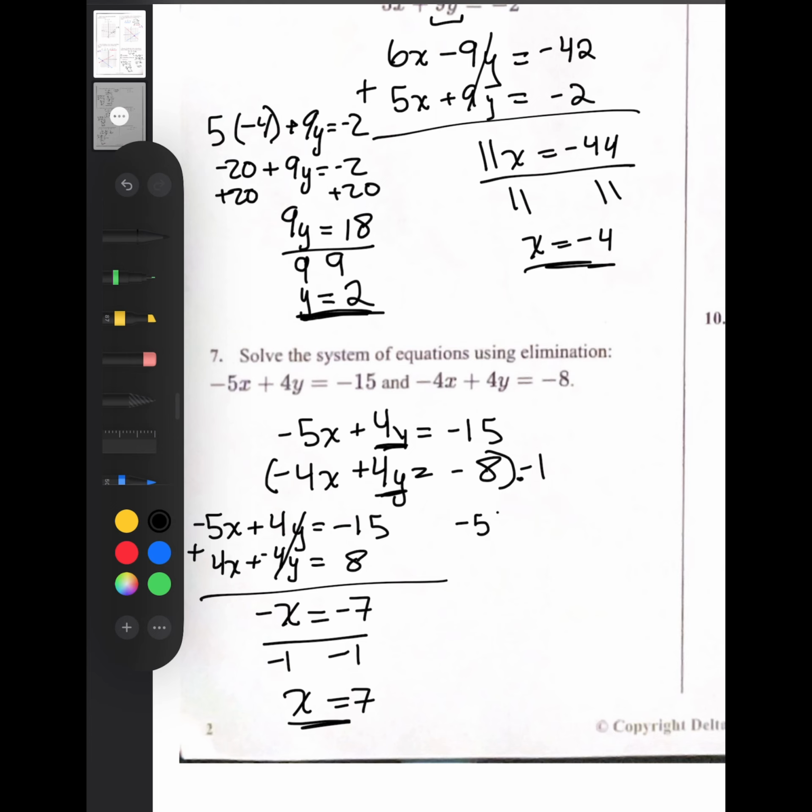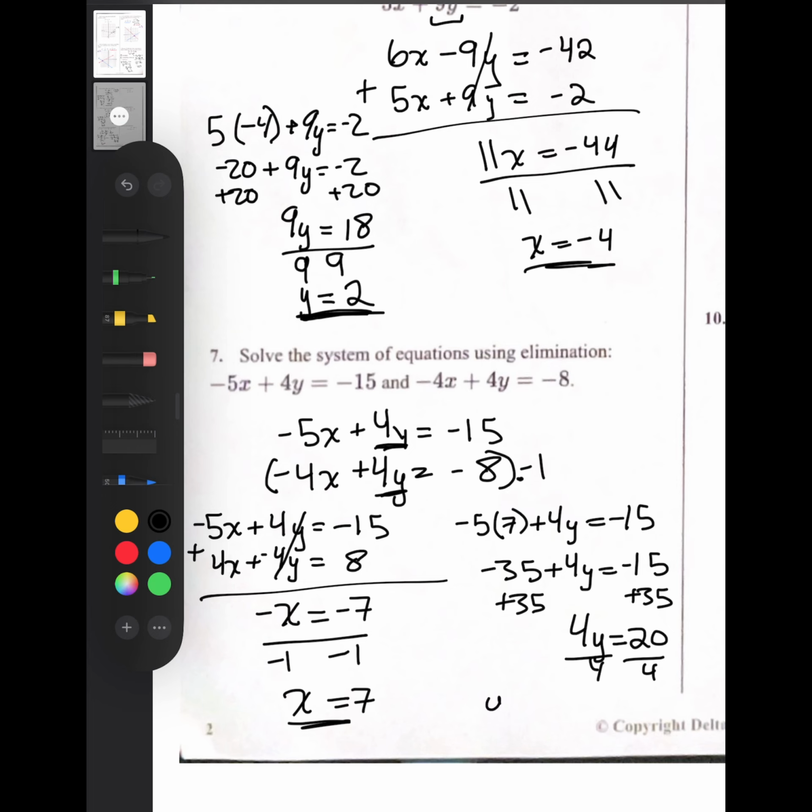So -5 times 7 plus 4y equals -15, which gets you -35 plus 4y equals -15. We add that 35 to both sides, which gets you 4y equals 20. Divided by that 4, we get y equals 5. So our solution here is 7, 5.